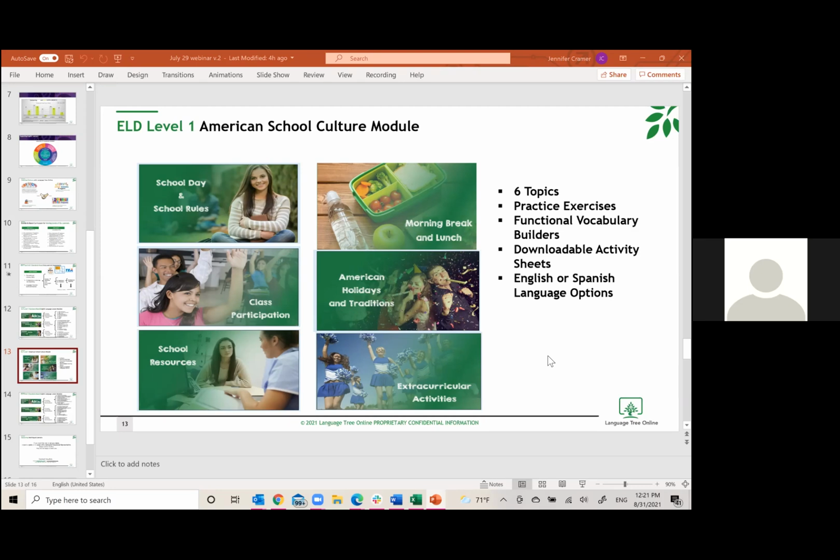But one thing that we have built into the platform under the teacher resource section is sample weekly planner templates. Those serve as a guide as to how you could use this, because it's very flexible and can be used in a multitude of ways, but it helps you with your lesson planning.